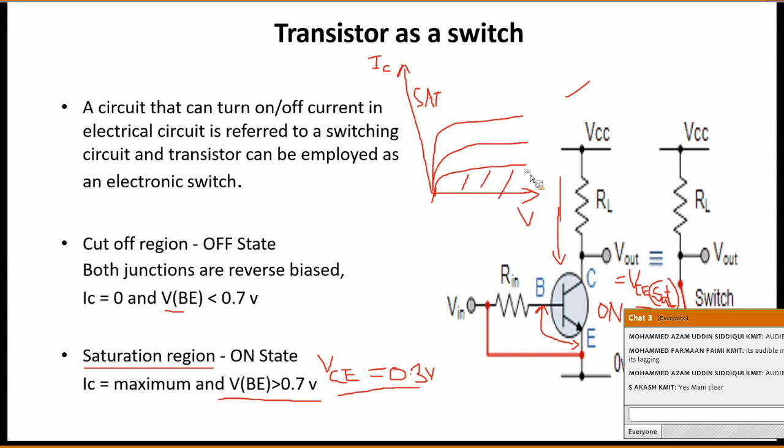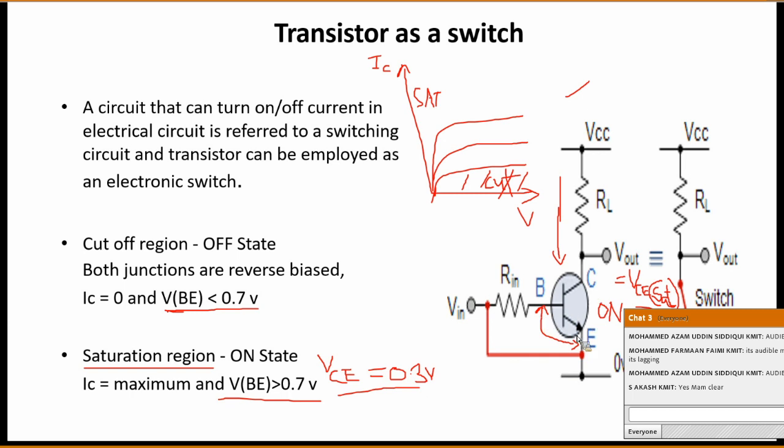Now, if the transistor is operated in the off state, this is the cutoff region. When the transistor is off, the input voltage is less than 0.7 volts, the cut-in voltage of the diode, because the base-emitter junction voltage is less than 0.7 volts.